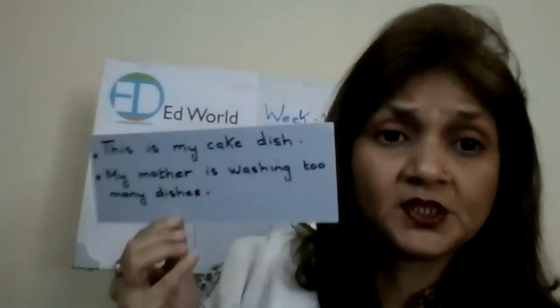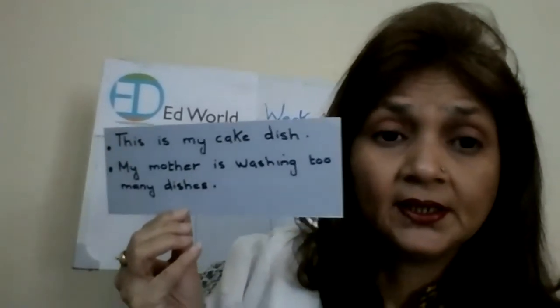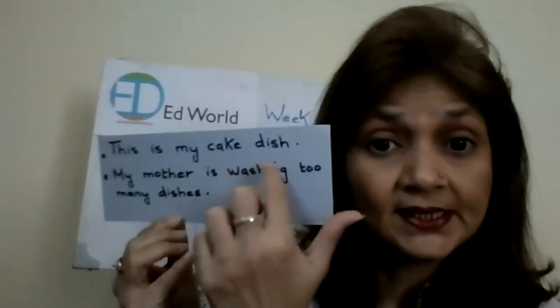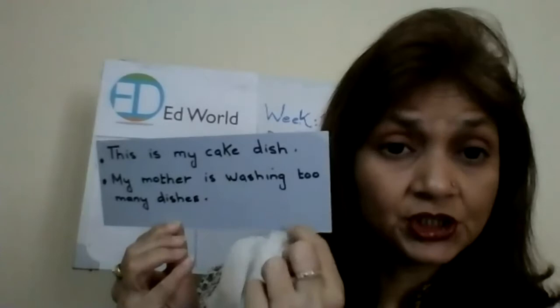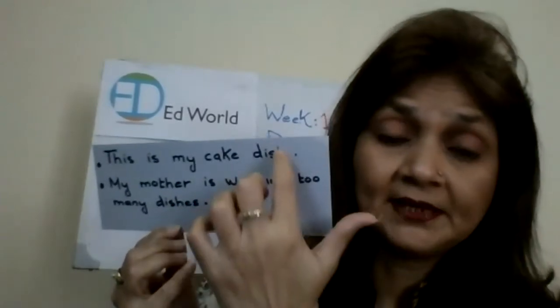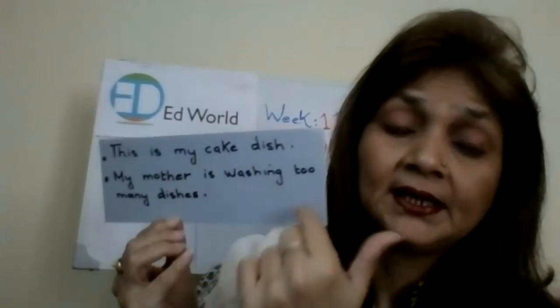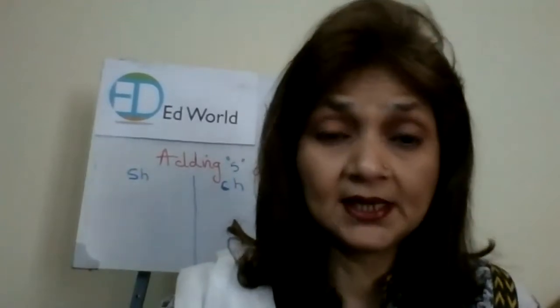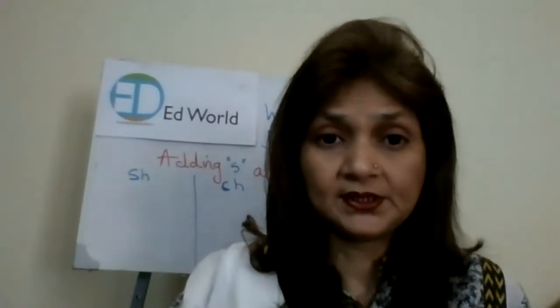Now, what's the difference between these two sentences? Can you find out? In one sentence, I have used dish, and in the other sentence, I have used dishes. That means one is singular and the other is plural. Now, this is what we are going to learn today in this class, how to make plurals, right?